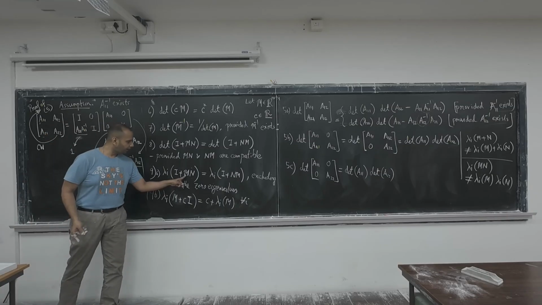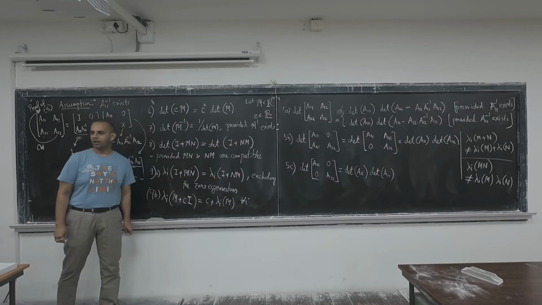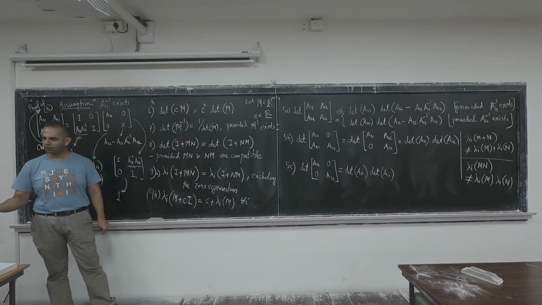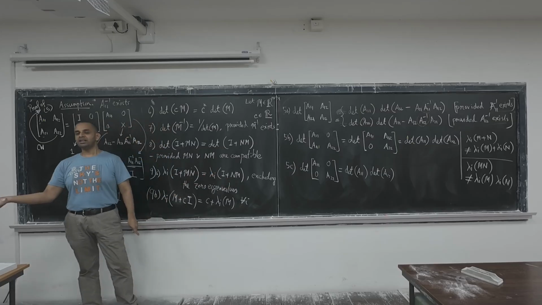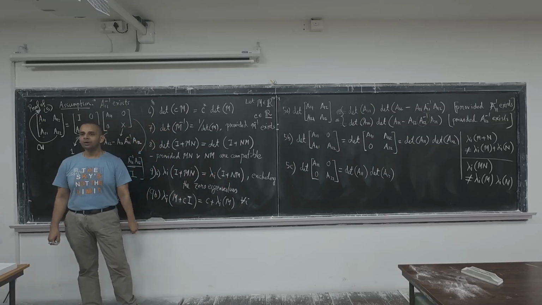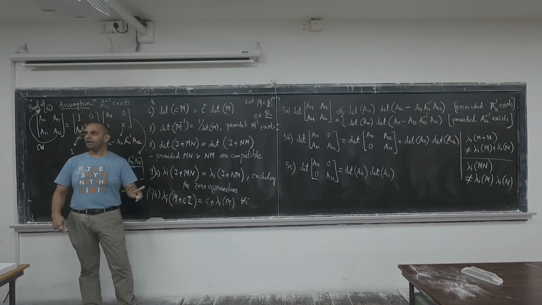Because suppose this mn has dimension n cross n, and nm has dimension m cross m, then what will happen? The number of zero eigenvalues will not match. If the dimensions of nm and mn match, then it's not a problem.